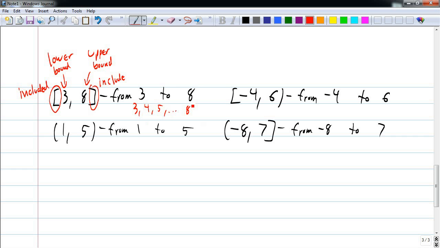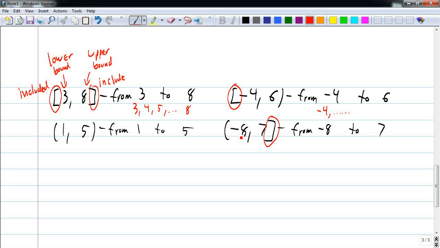It contains the lower and upper bound. Over here, this interval contains -4, as well as all of the numbers after it up to 6. This interval contains 7, and all of the numbers less than 7 up to -8.